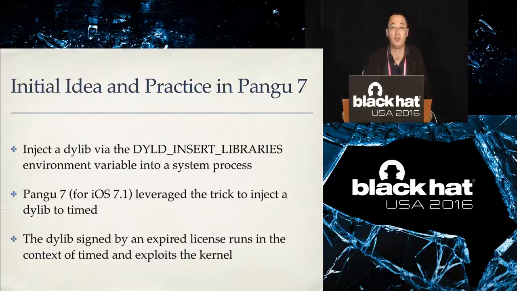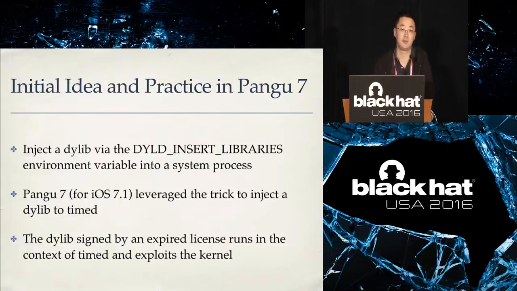Basically, it will tell the dynamic loader, you should load these libraries first before you run the program. So in Pangu 7, we use this trick to inject a library into timd. Timd is a system process. And that library is signed by a kind of expired license. As a result, our library runs in the context of timd and continues to exploit the kernel.